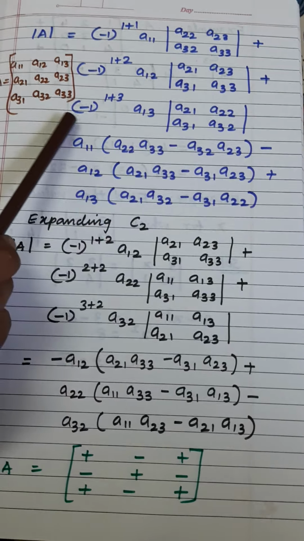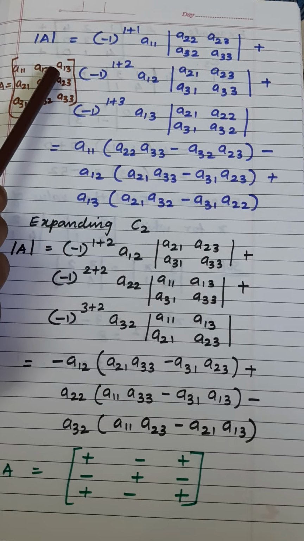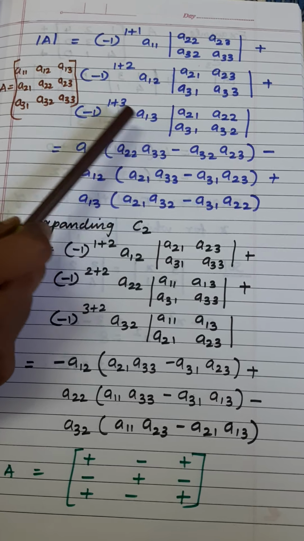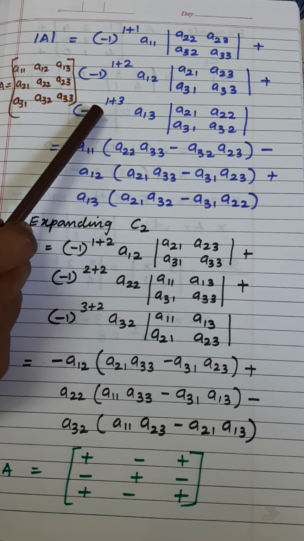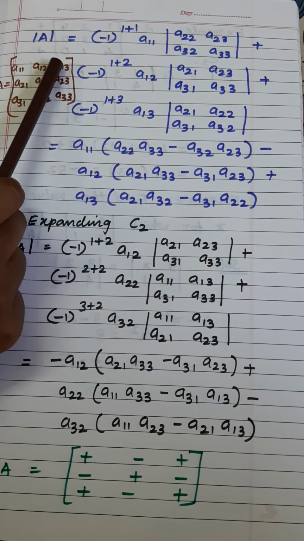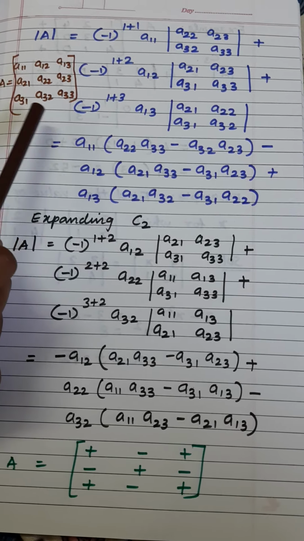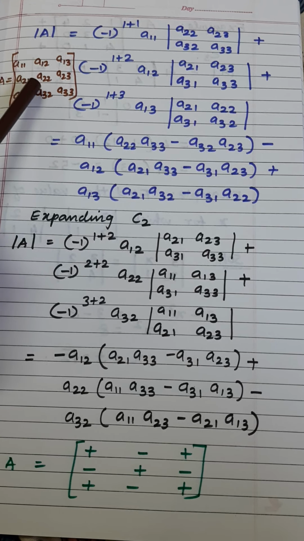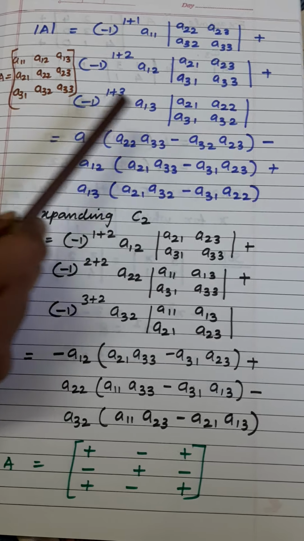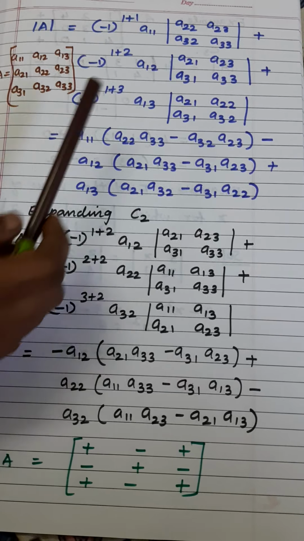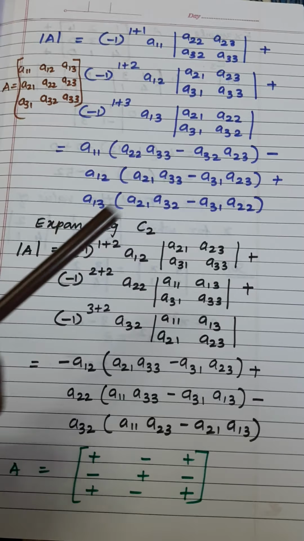Plus minus 1 power 1 plus 3, that is the third element A13, so 1 plus 3, the sum of the suffixes. Now remove the respective column, that is the third column and first row. So the remaining elements are A21, A22, A31, A32. Now I hope you all know how to find the determinant of the 2 cross 2 matrix.